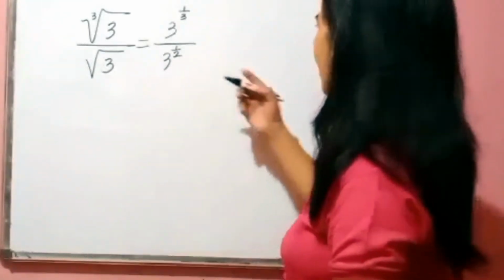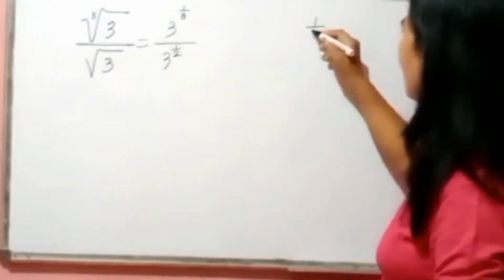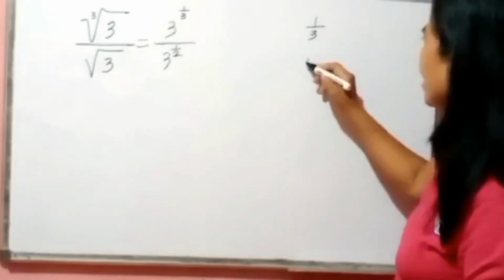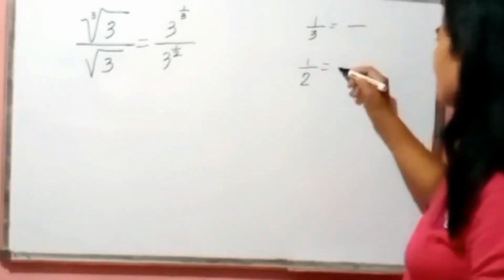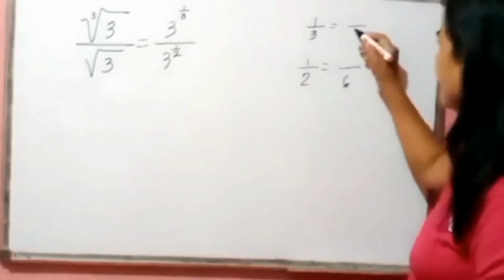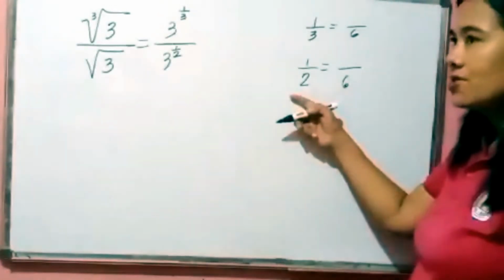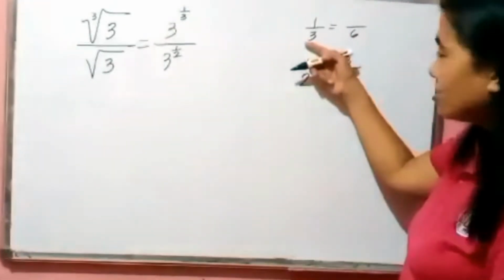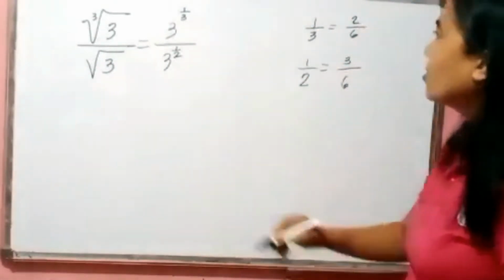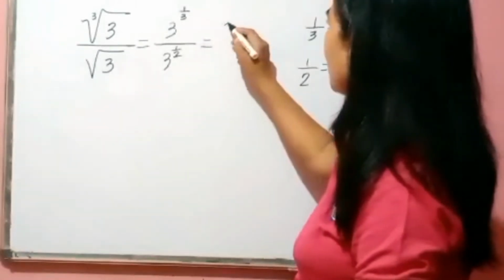Okay? Kagaya kanina, focus lang tayo on 1/3 exponents and 1/2. So, hanap tayo ng GCF. So, that's 6. So, 6 divided by 2 is 3 times 1. So, 3. 6 divided by 3 is 2 times 1. So, that's 2. Ito na yung magiging exponents nila.